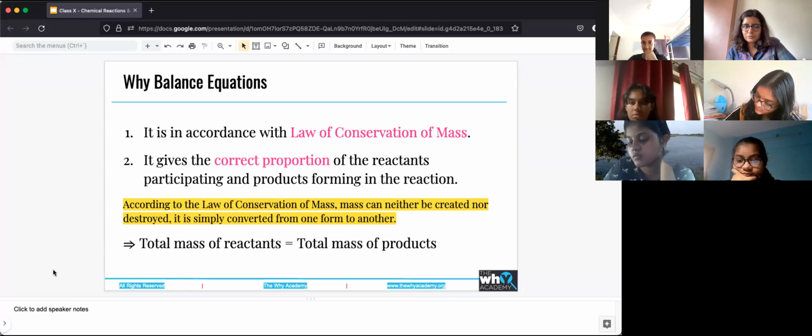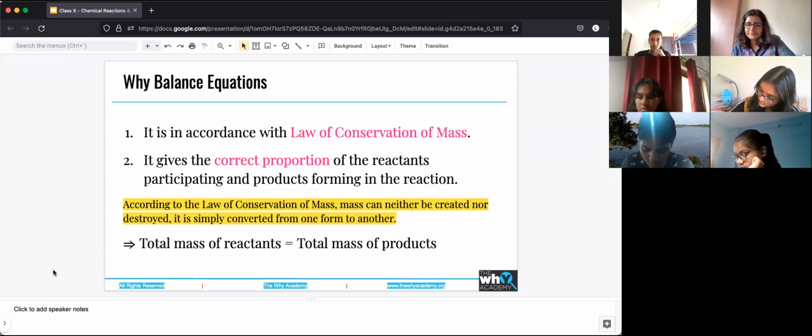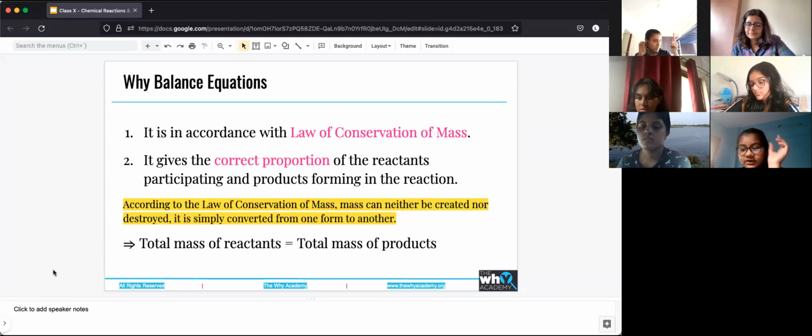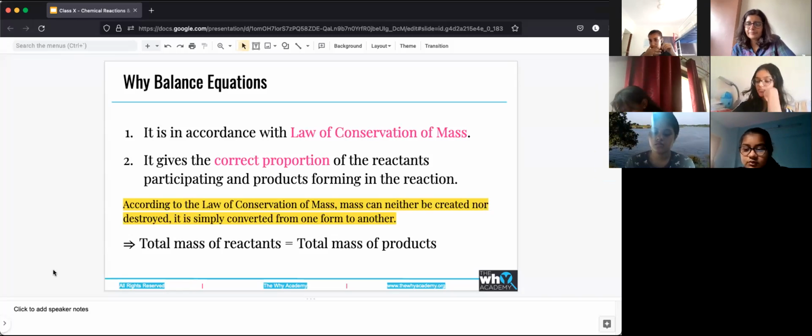Have you finished balancing, or have they put it for later? We've done a little bit of balancing, not in depth, but they've made us understand the concept, though we still have to do a lot of practice.